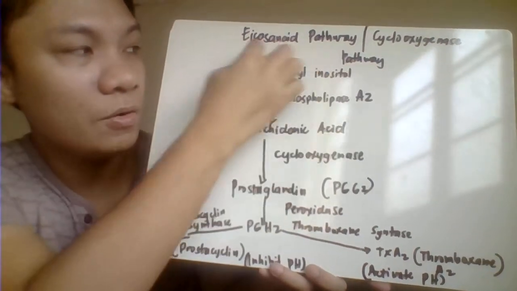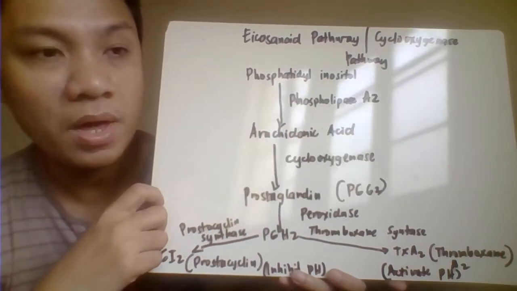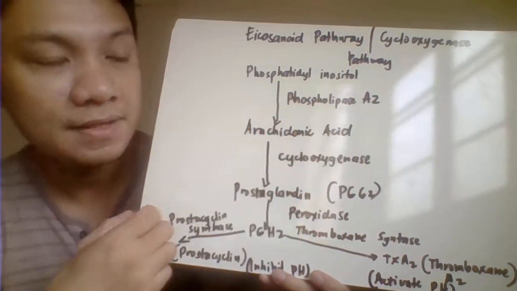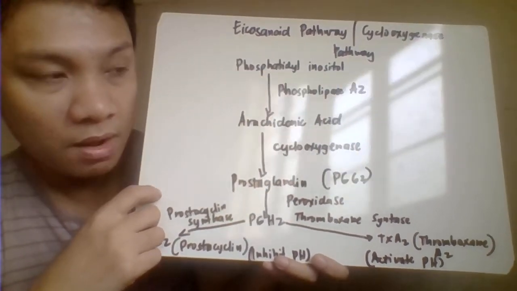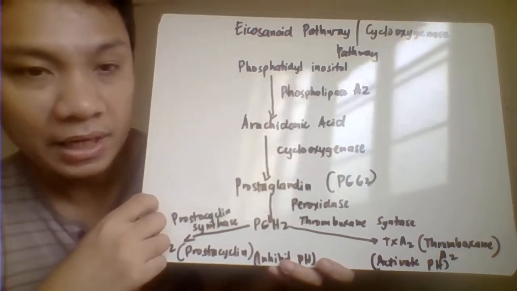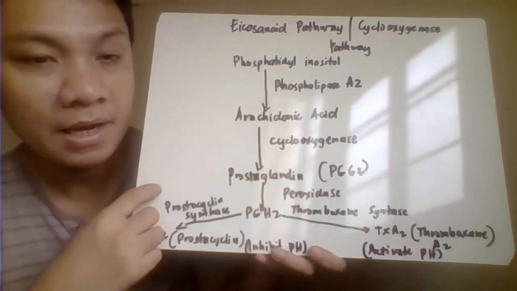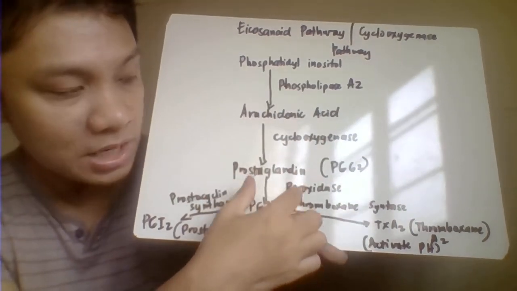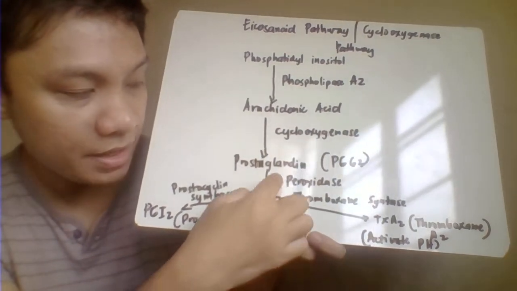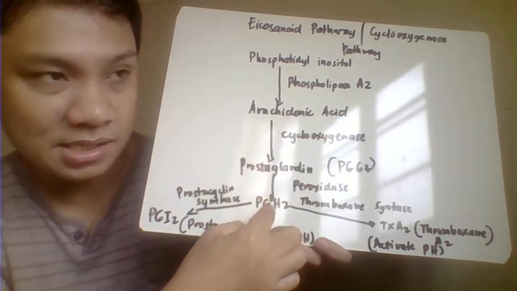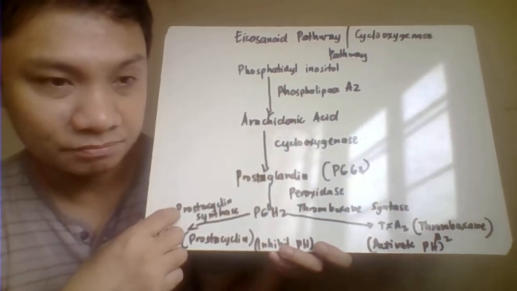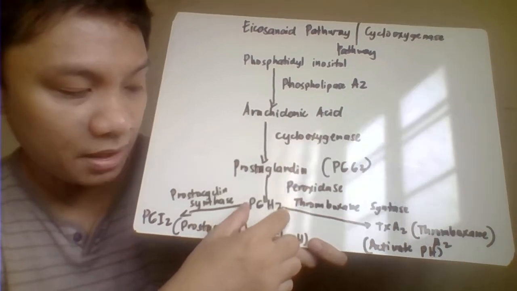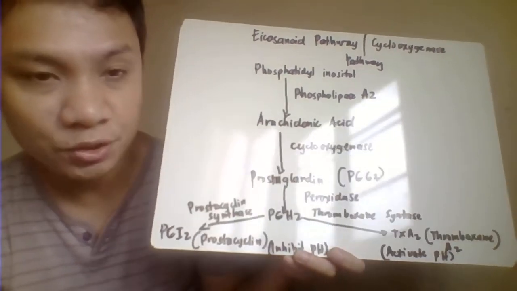So itong pinaka-precursor substance to start here is the phosphatidylinositol. Kailangan mo lang ng enzyme, phospholipase A2, para ma-convert into arachidonic acid. Then, kailangan mo ng enzyme na cyclooxygenase para ma-produce ng prostaglandin G2. And then, we have here converting that one to its isomer. So, we have here another enzyme, peroxidase, para magkaroon tayo ng PGH2.